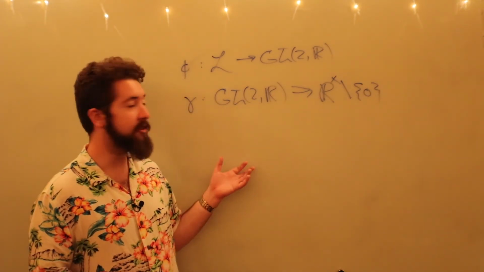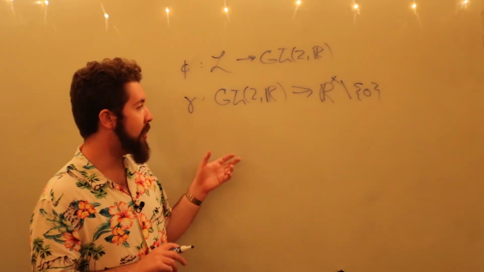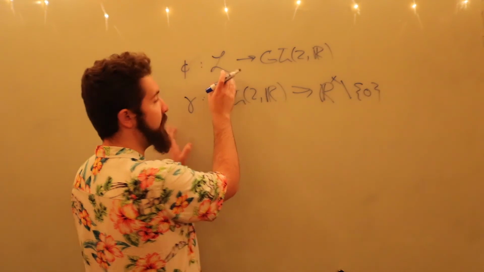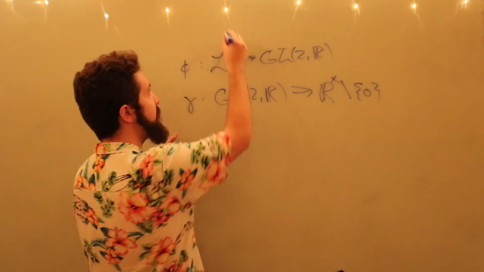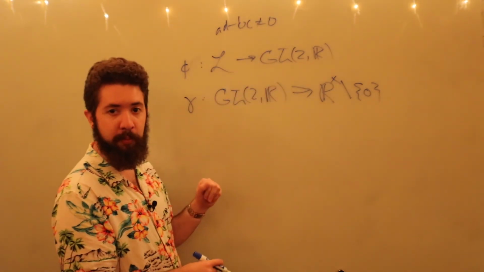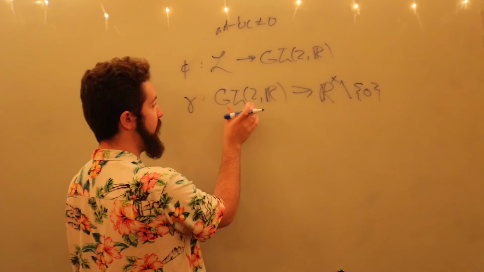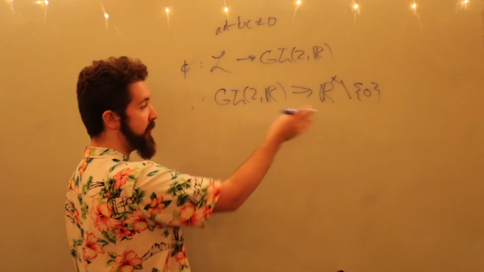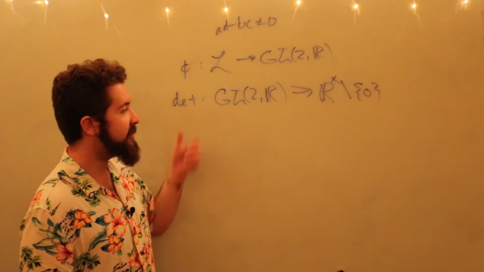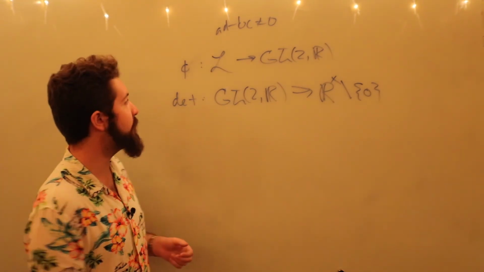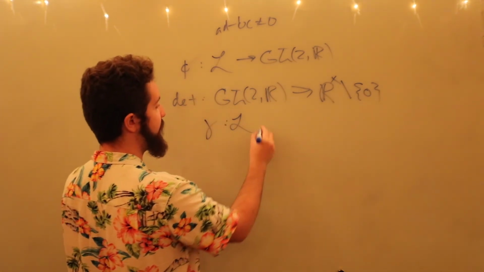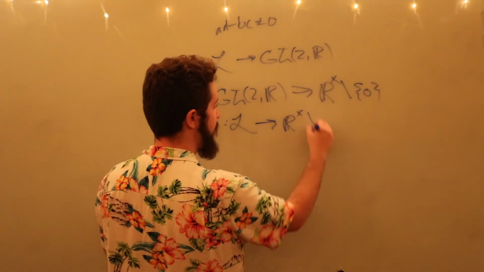Now, as a cute application of our universal mapping property, since we have a homomorphism from the linear fractional transformations such that AD minus BC is non-zero to the general linear group, and then a homomorphism from the general linear group to the multiplicative real numbers without zero, where this is the determinant map, then there must exist an induced homomorphism, we'll just call it gamma, from the linear fractional transformations to the multiplicative real numbers without zero.